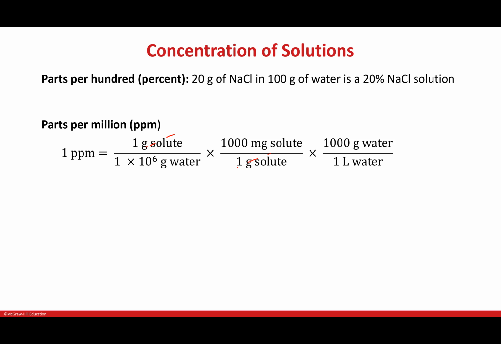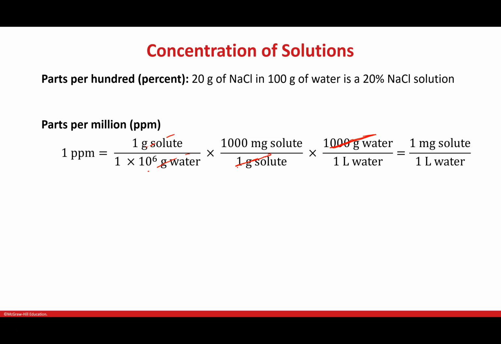So we'll go back to you, Billy. What would the units of this number be? Milligrams over liters, exactly. And as it turns out, your 10 to the 6th actually cancels.